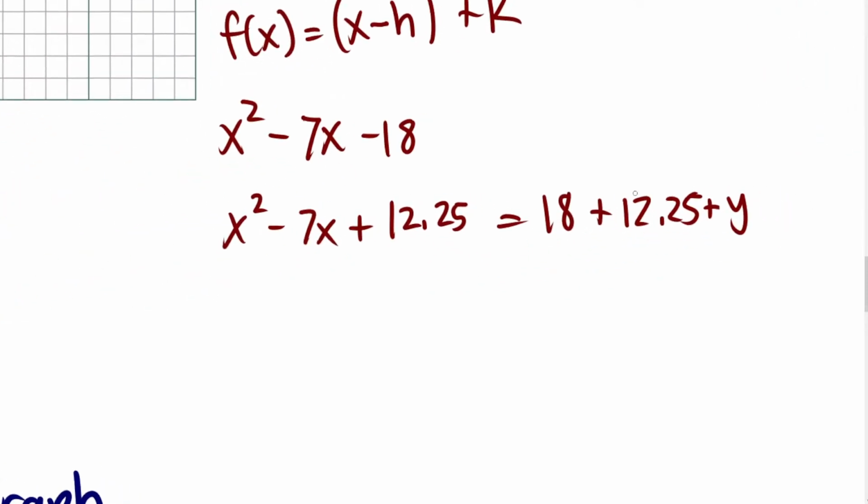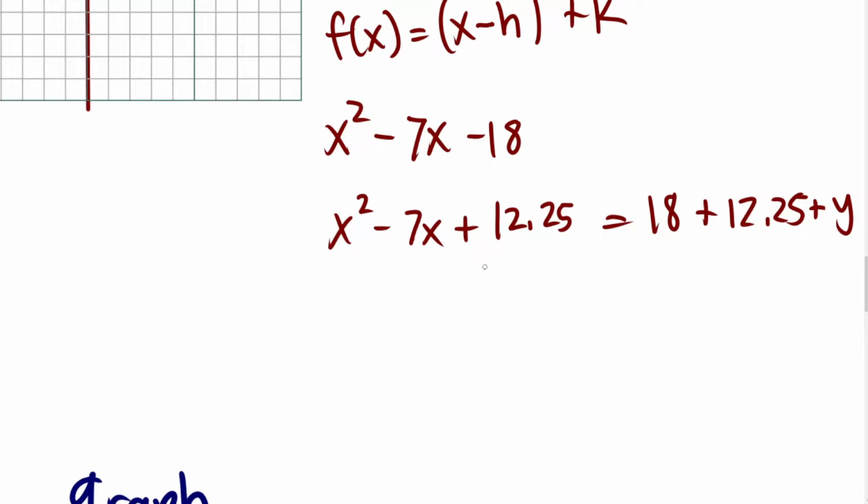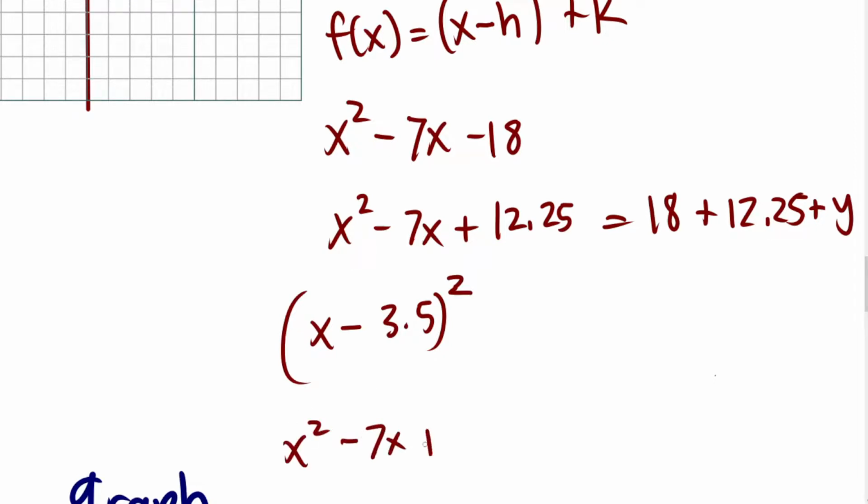And then we can factor this out. So it'll be x minus 3.5 squared. If you factor that out, you'll get x squared minus 7x plus 12.25. And then what you can do is move our 30.25, because 18 plus 12.25 equals 30.25.